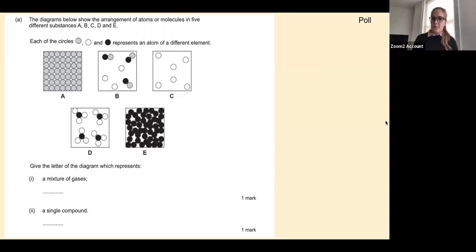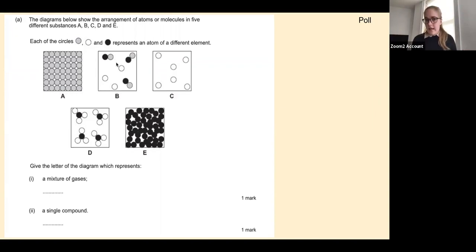All right, great. So let's go over the answers to these together. So really good job again. Question 1 was asking you guys to tell me which of these diagrams shows a mixture of gases. And most of you guys said B, and this is exactly correct because B has 2 different gases. So first, how do we know it's a gas? Well, when we look at the particles, we see that the particles are far apart.